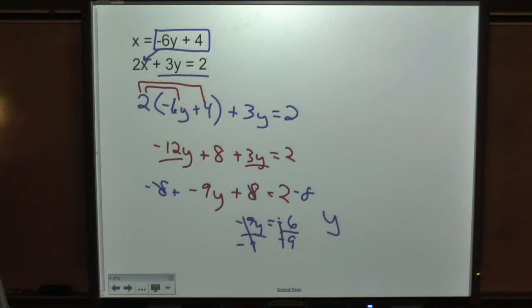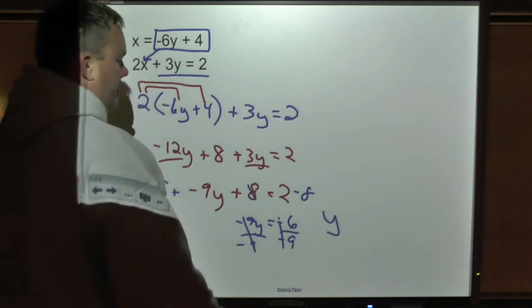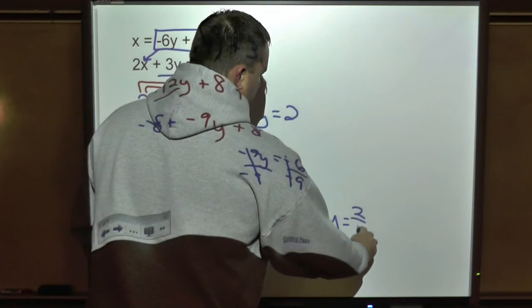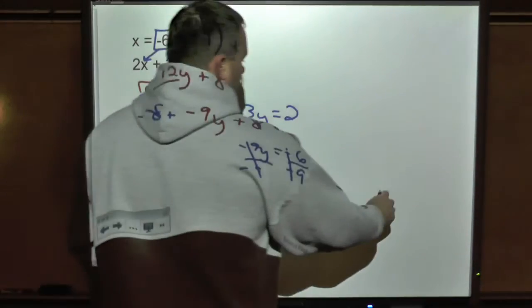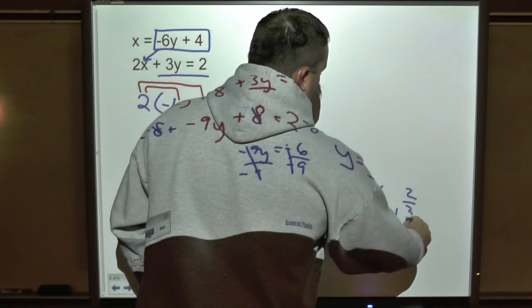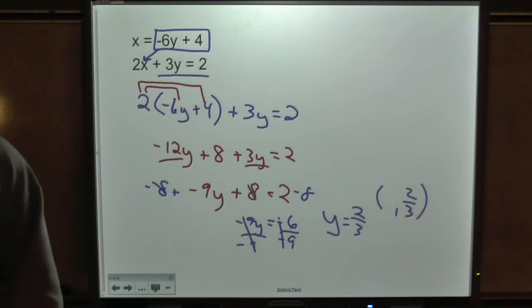Well, 6 over 9 doesn't divide cleanly, and that's fine. We're going to leave it as a fraction. So reduce that 6 over 9 to 2/3. So you now have the answer to y. Now the reason why I gave this problem is because if you tried to graph that, it's really hard to see where 2/3 is on the graph.